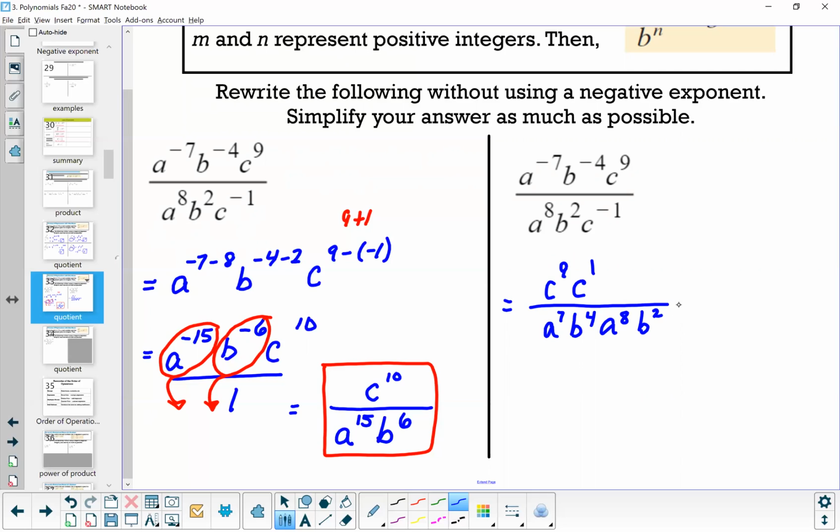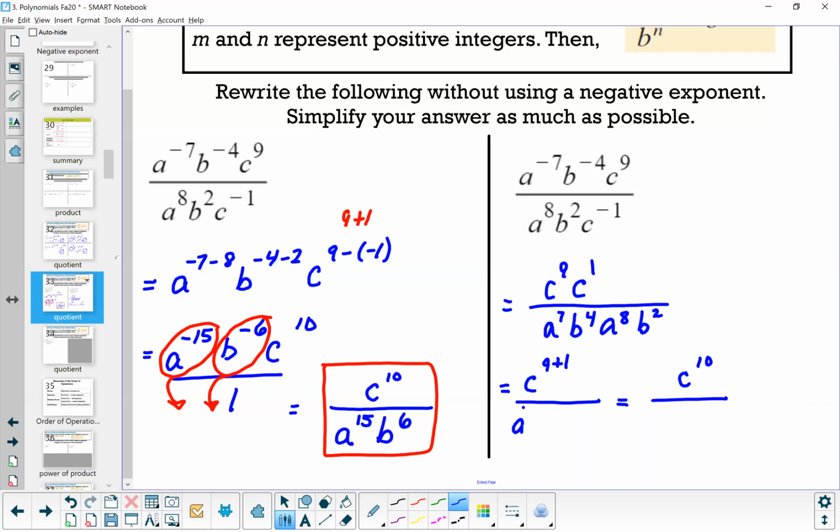Now that all of my exponents are positive, I'm going to simplify. So in the numerator, I have two factors of c. We have c to the 9th and c to the 1st power. C to the 9 plus 1, which is going to give me c to the 10th. Then in the denominator, a to the 7th and a to the 8th.